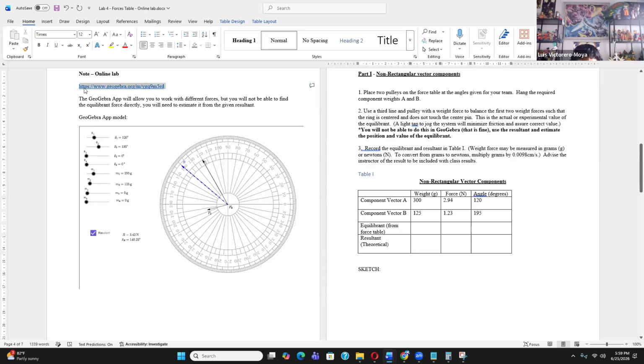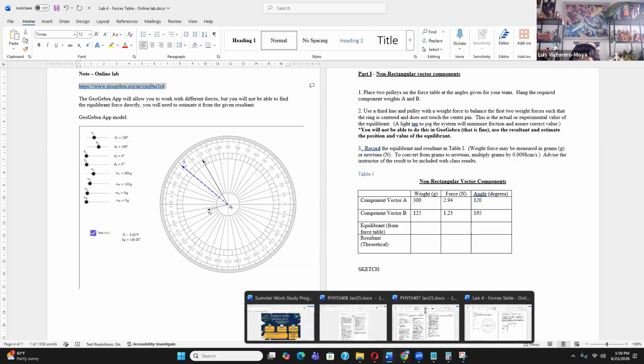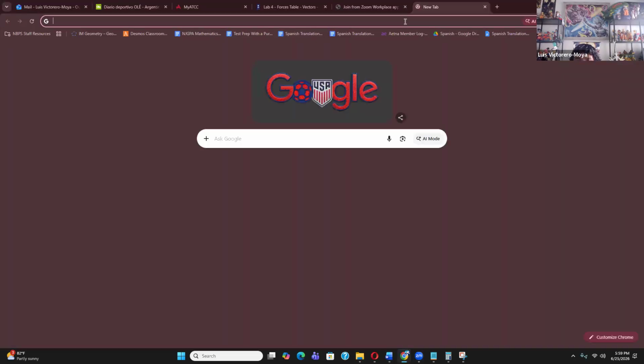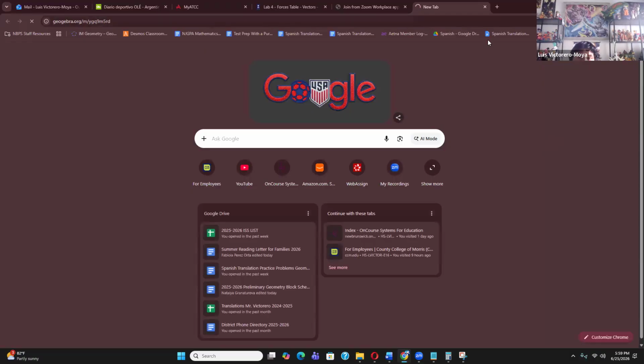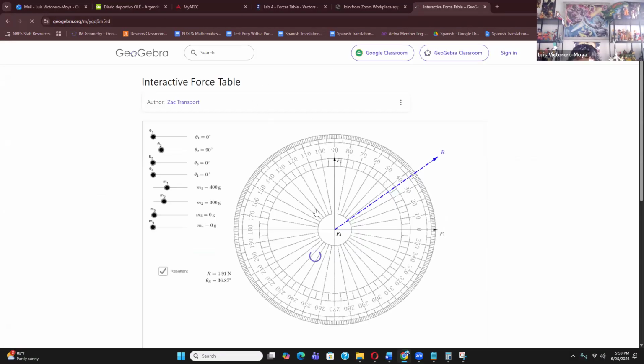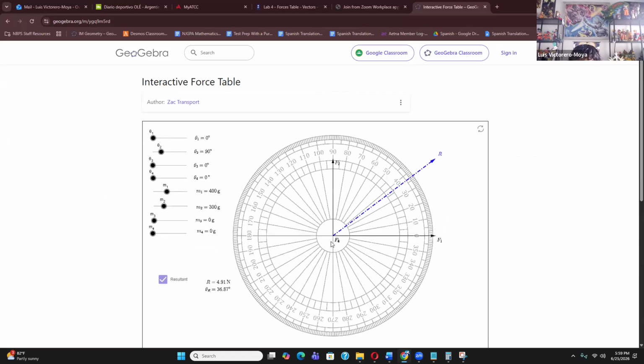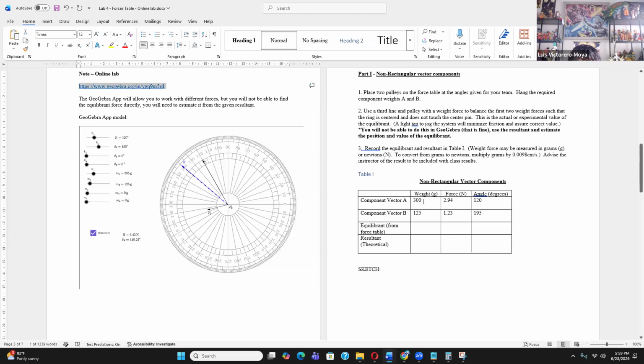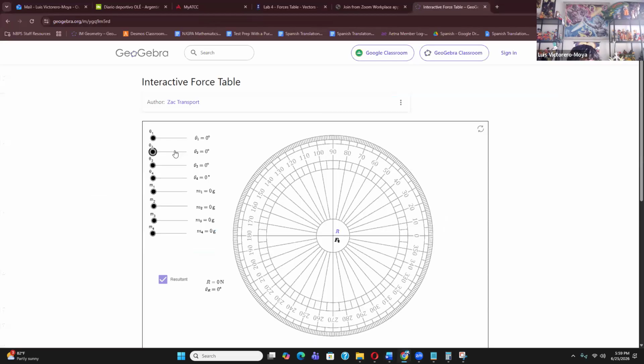If you copy paste this in the browser, you're going to find this. You're going to click here, and put all the values at 0. Then let's start with what we have: 300 grams at 120 degrees.